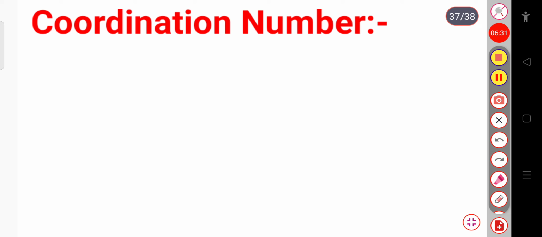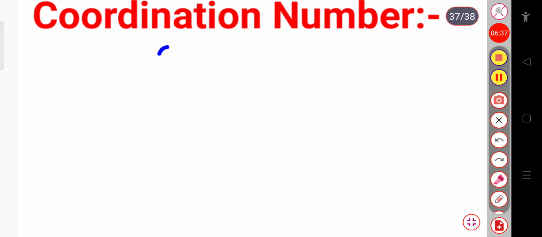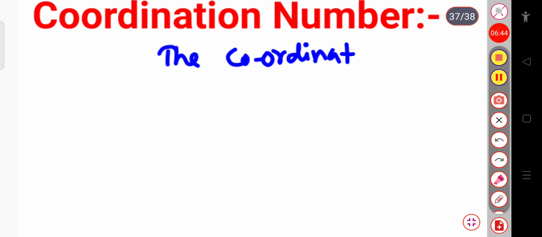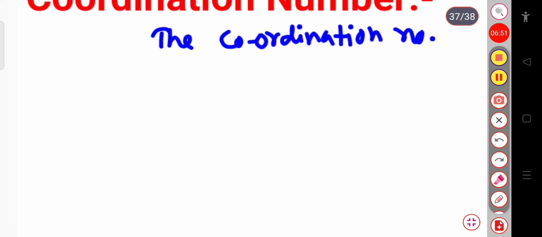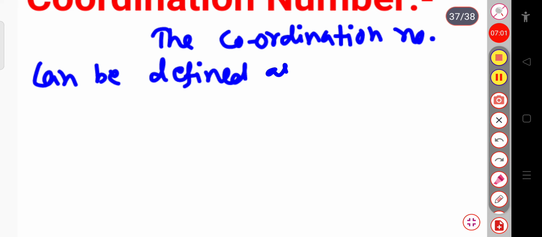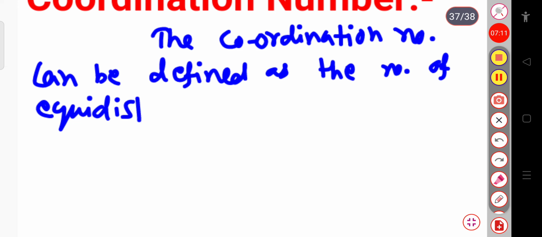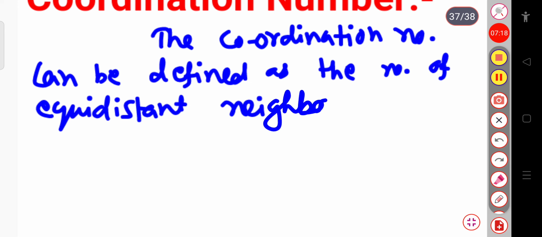So here I can write that the coordination number can be defined as the number of equidistant neighbors that an atom has.